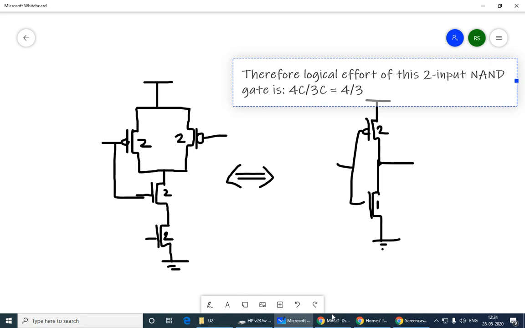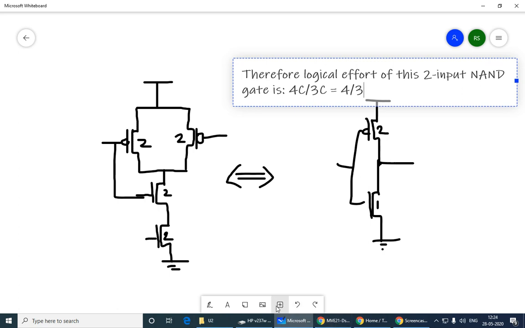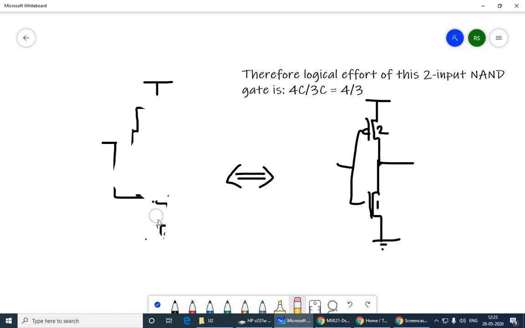Next, we will try the same for a two input NOR gate. Okay. So we don't have to erase everything. We'll just erase the gate because the gate is still equivalent to a unit inverter. So the unit inverter can stay. We just have to redraw our gate. Okay, so we will do that. We'll draw a two input NOR gate this time.